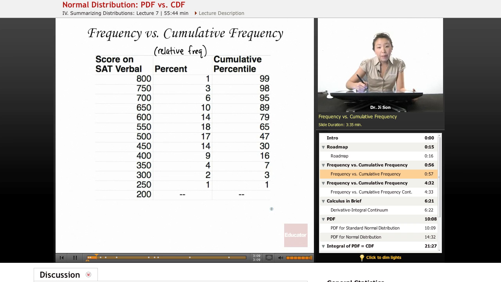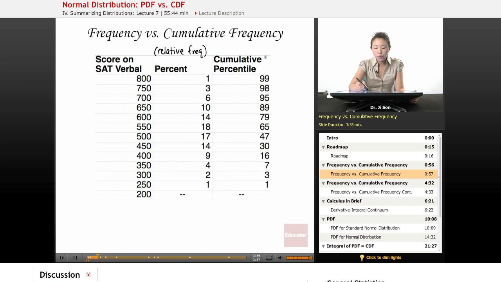Cumulative percentile, by continuously adding all the people up that have come before you, gives you that ranking. So if you're in the 95th percentile, you know you've outperformed, or equally performed, 95% of that sample. And so that's why cumulative frequency is really helpful to us.